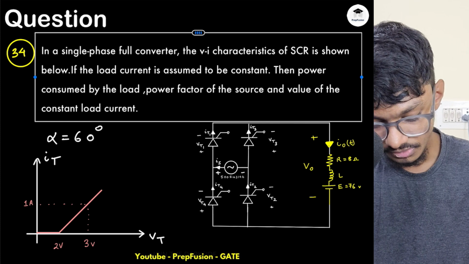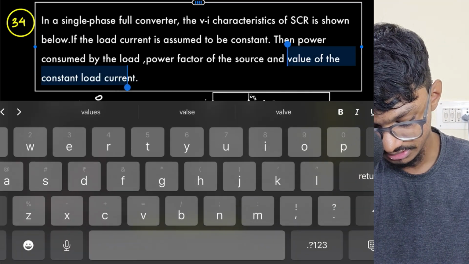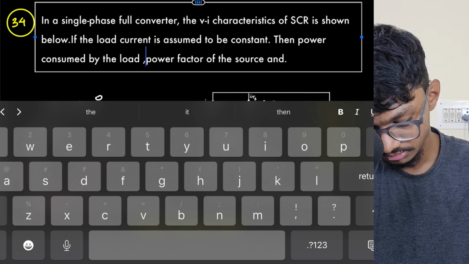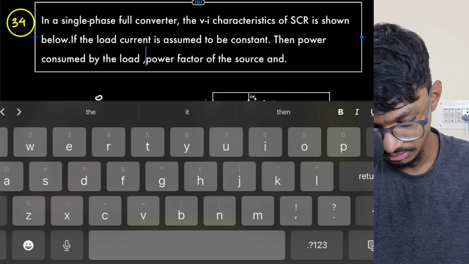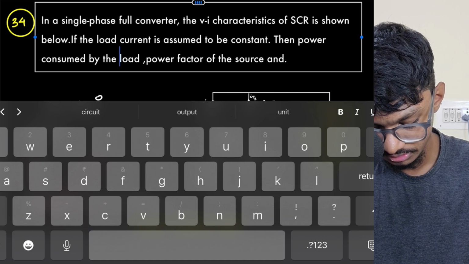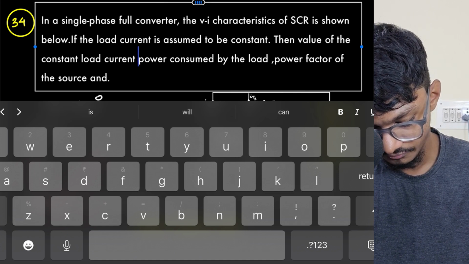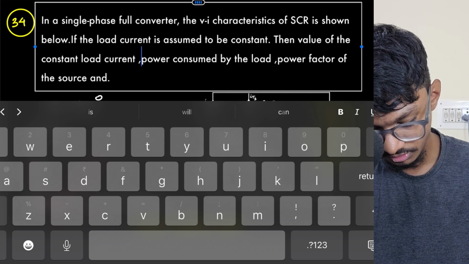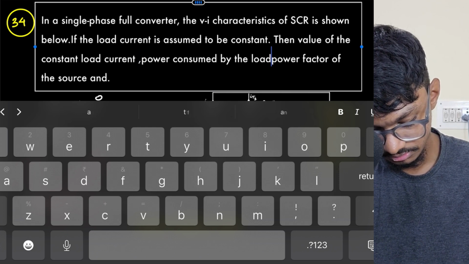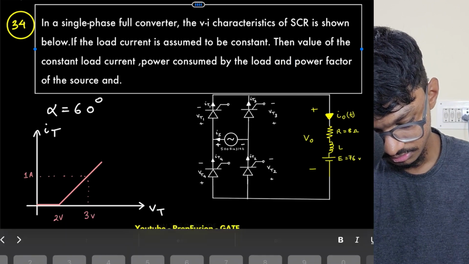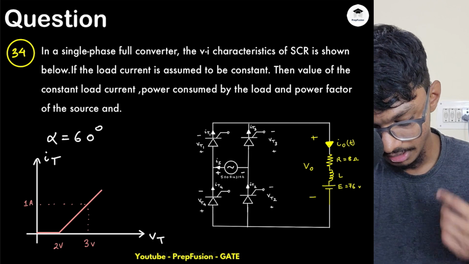Actually what should happen is this should be first: the value of the constant load current, power consumed by the load, and power factor of the source.